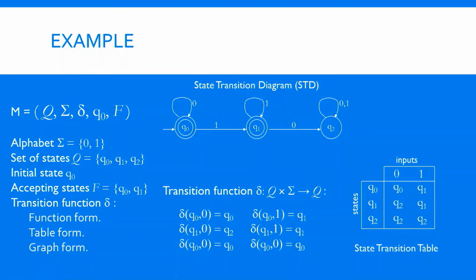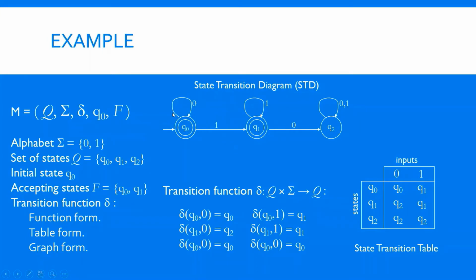In exam questions, only one way will be given. The question can be, suppose this is given, draw its STD. I hope by looking at this, you can draw, because Q0, Q1, Q2, 3 states are there, so you write Q0, Q1, Q2.